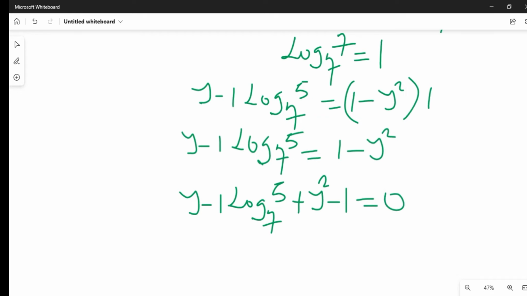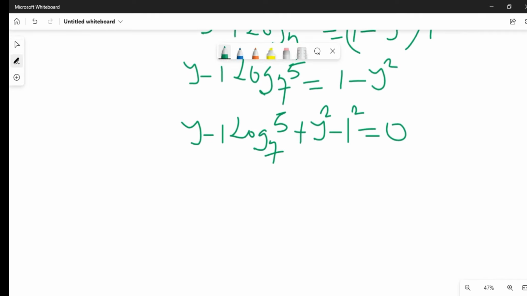Now remember, 1 can also be said to be 1 squared because 1 times 1 is still equal to 1.